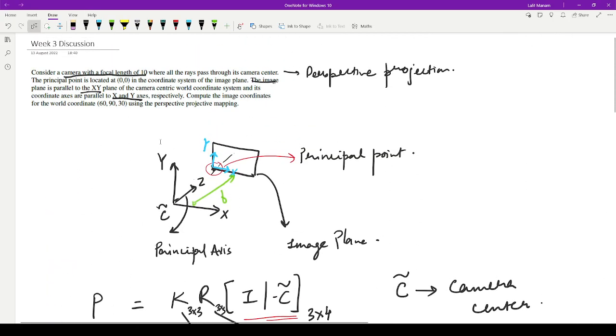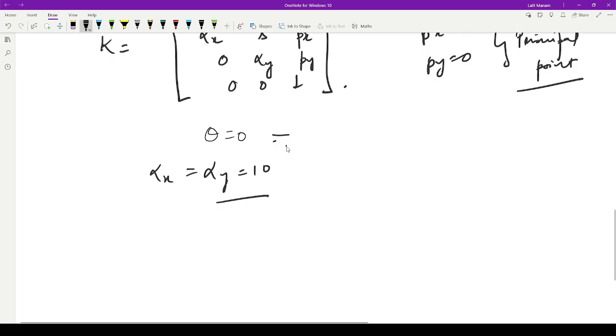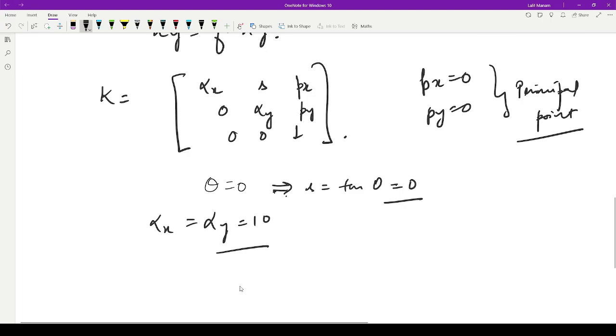Next is the focal length f. Here the focal length is given in pixels, which means we are given alpha x equals alpha y equals 10. This implies s equals tan of 0, which is 0. Okay, so our calibration matrix is set with these parameters.